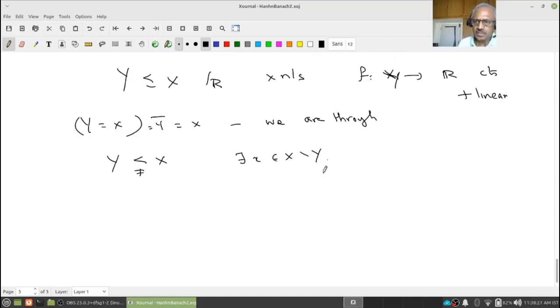Now since it's a continuous linear functional, what do I know? The norm of F is the supremum of the norm of F(y) as y varies over Y with norm of y less than or equal to 1, or equal to 1.